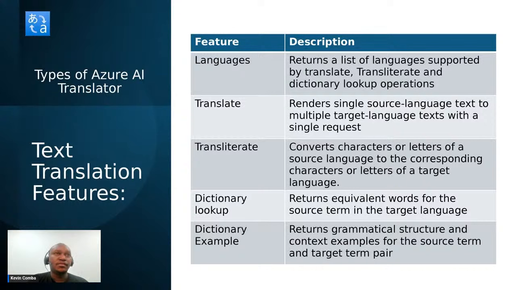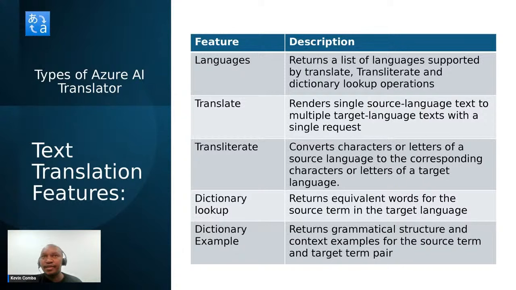So these now are text translation features. So as I said, this is the language, this translate, this transliterate, and then dictionary lookup is also I think in Microsoft Word, and then dictionary example. So basically the language is going to return a list of languages supported by the translate.